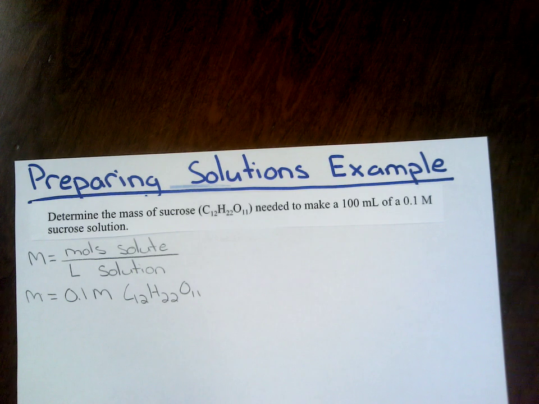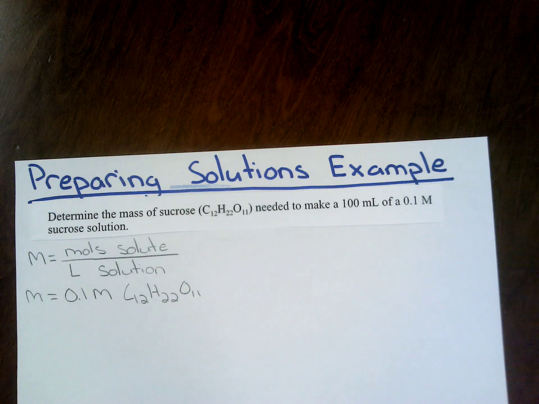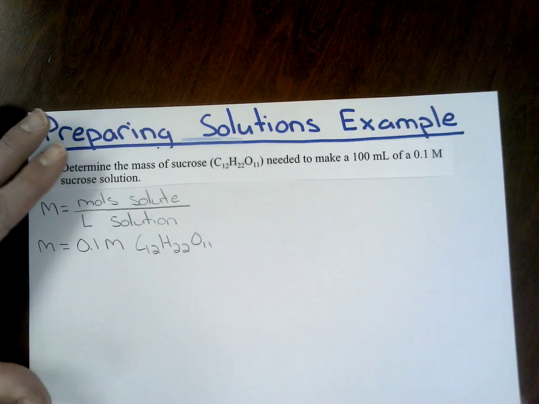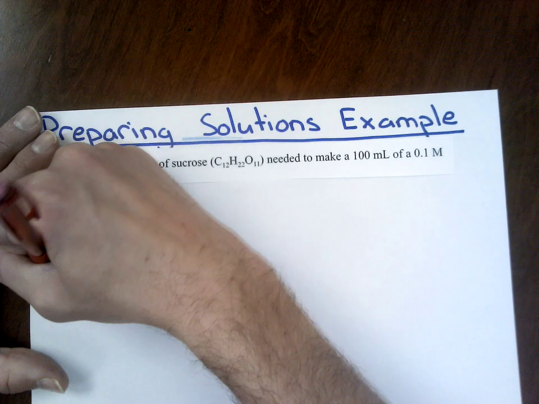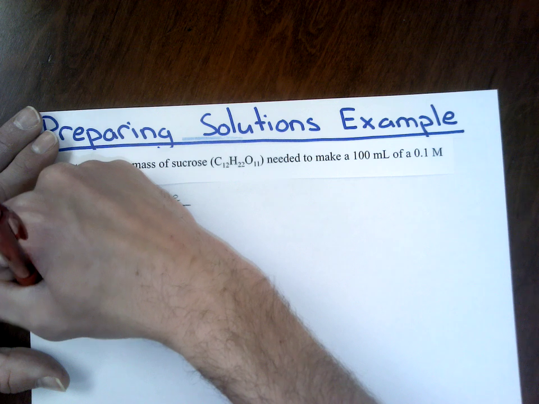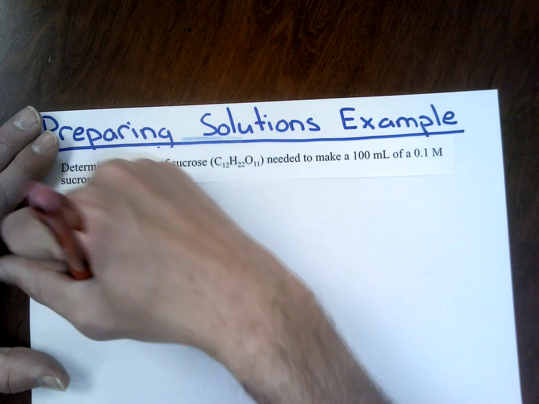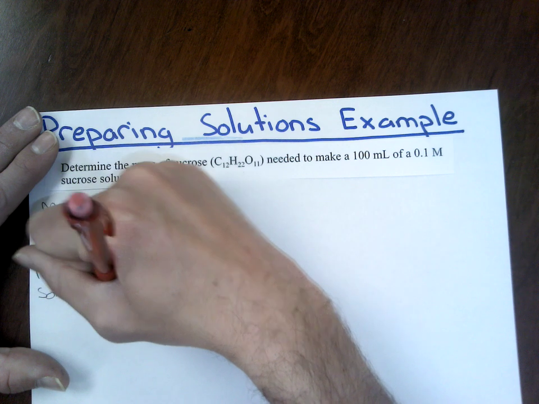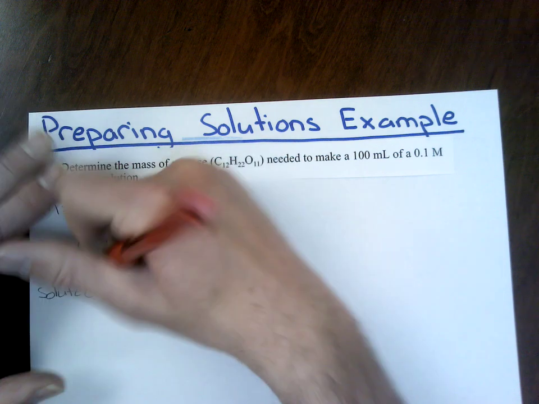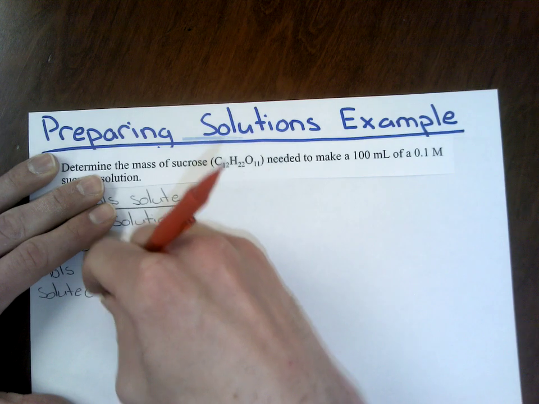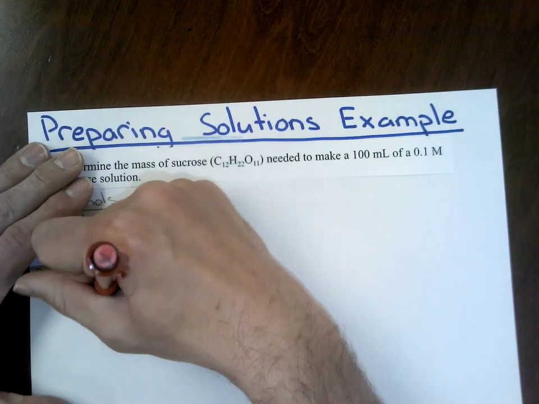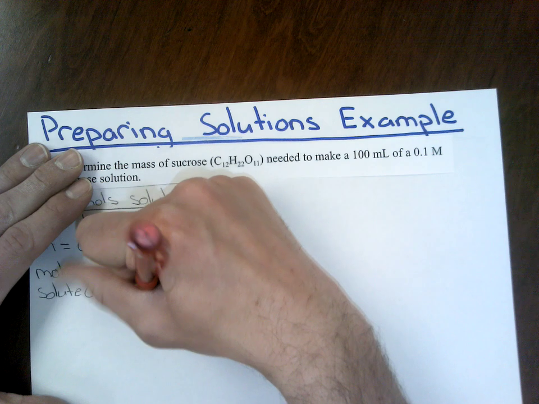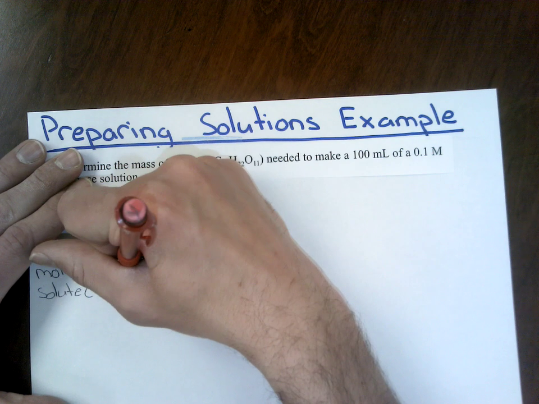Now, our moles, we could search all day long, but our moles of solute is not given. There's no moles or grams like we've seen previously. So our moles of our solute, which remember is C12H22O11, is not given.